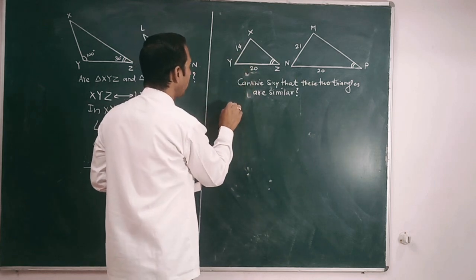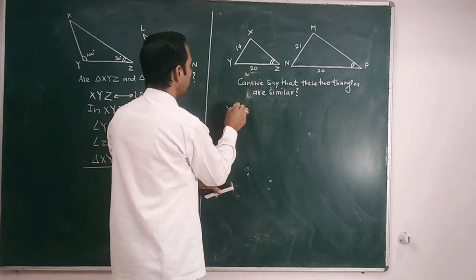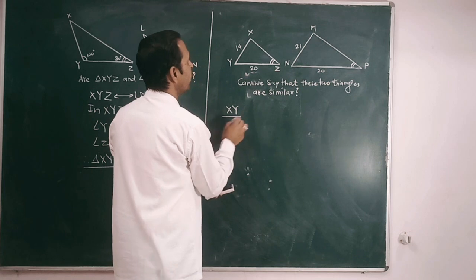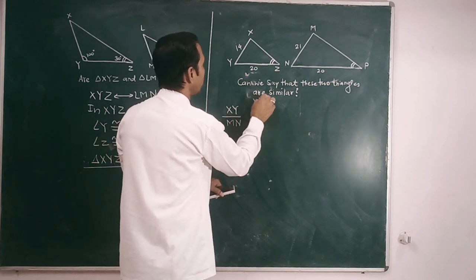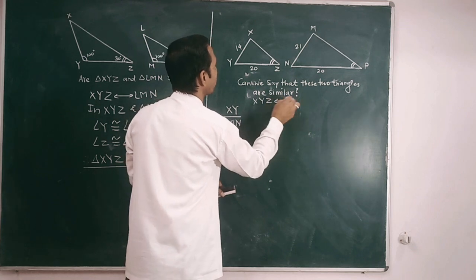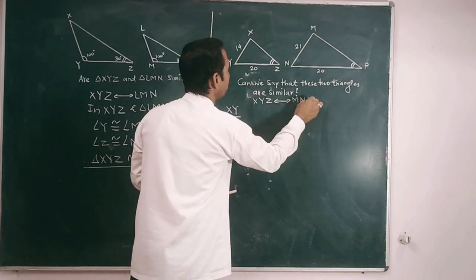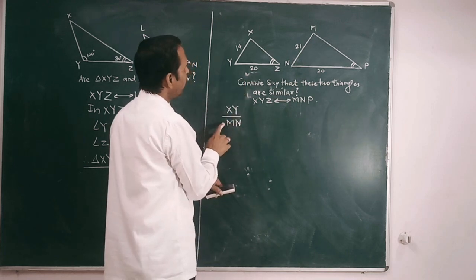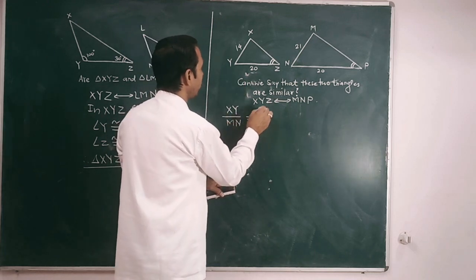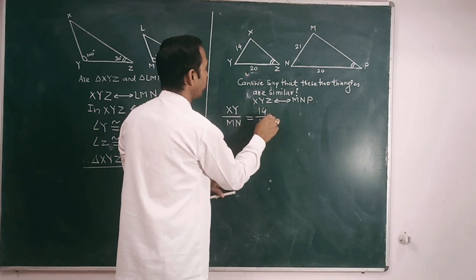Now if you take the ratio of corresponding sides, XY upon MN by the one-to-one correspondence, that is XYZ corresponds to MNP, in this triangle XY upon MN is equal to 14 upon 21.